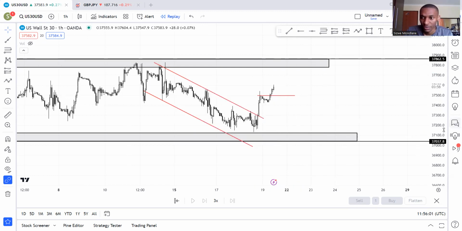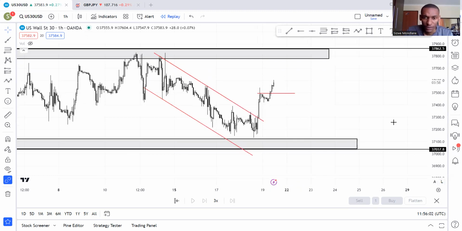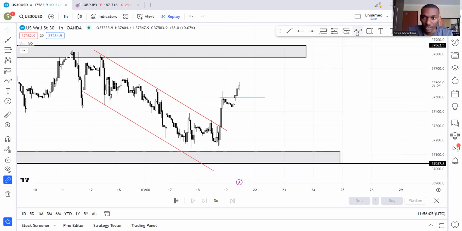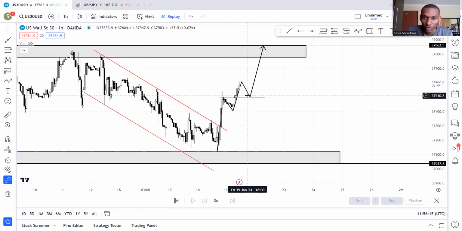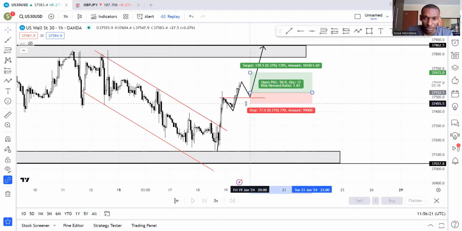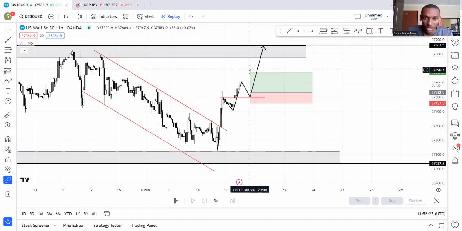As you can see, price pushes up, corrects, impulse, correction, impulse, retracement or correction, and then an impulse. So what you are looking for is to buy at this level, with your stop loss below this support level.